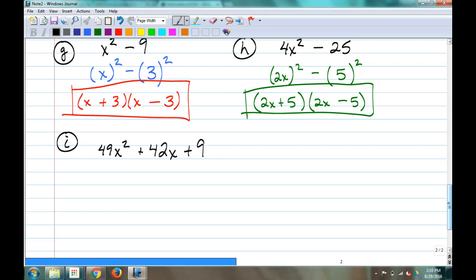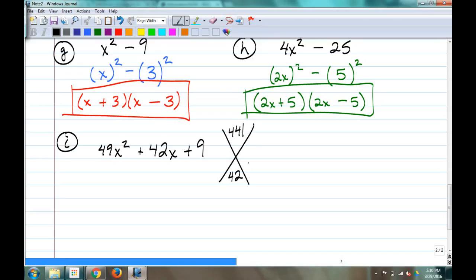No. Dang. It would have been nice if there was, because 49 in the front means when I do my x method, 49 times 9, which is what number? 40 times 9 is 360 plus 81, 441. And then it's got to add to be 42.